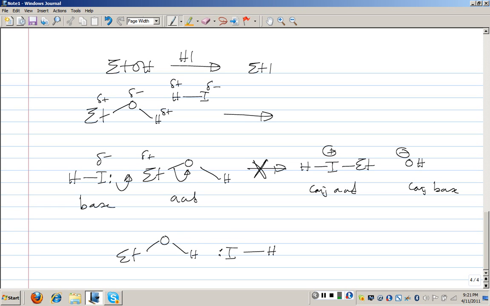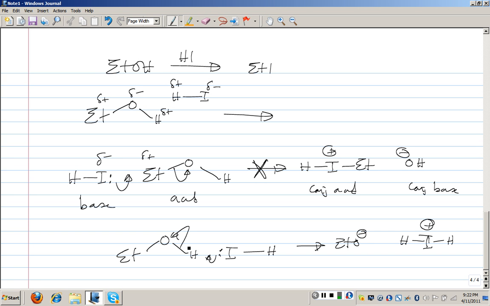Because if I did that, I would be creating EtO minus and HIH plus. Again, very strong acid from a relatively weak acid. Very strong base from a relatively weak base. So that's impossible. The other reason is the O is off of the alkyl group. In the product, the O is gone. So I don't want to do anything that leaves the O on the molecule.